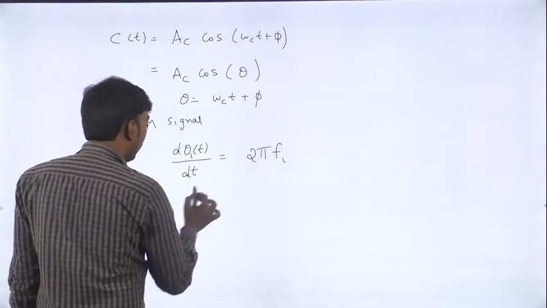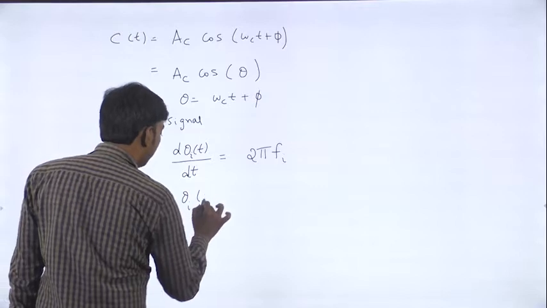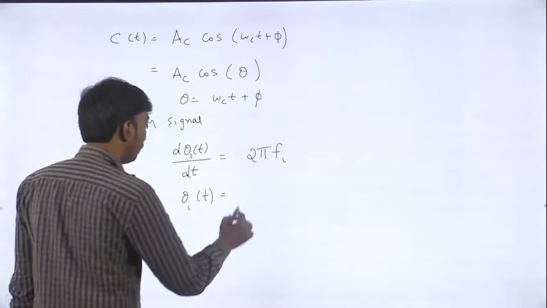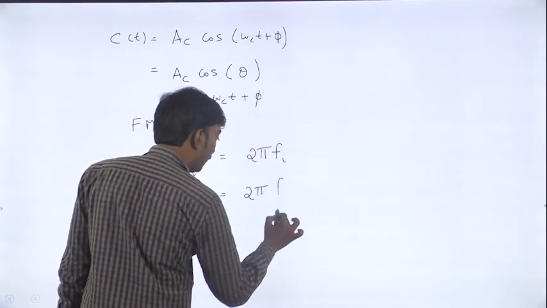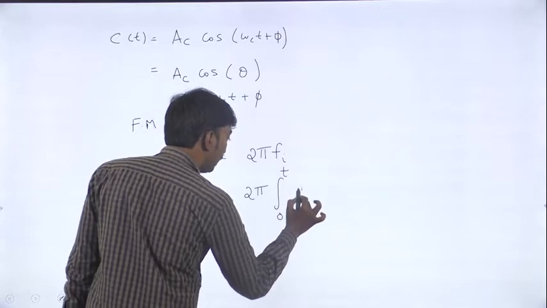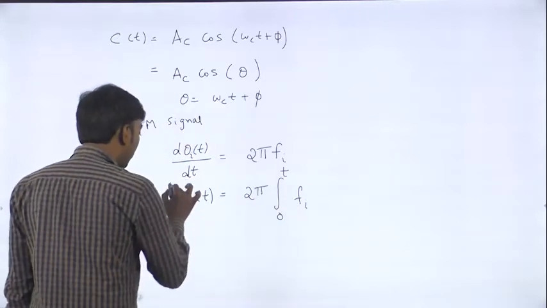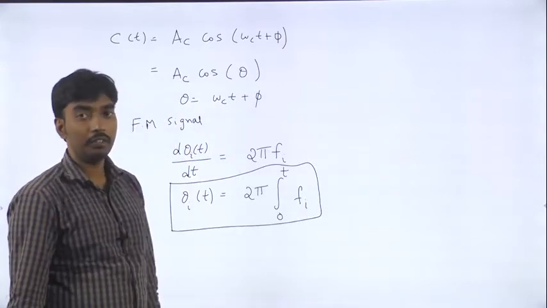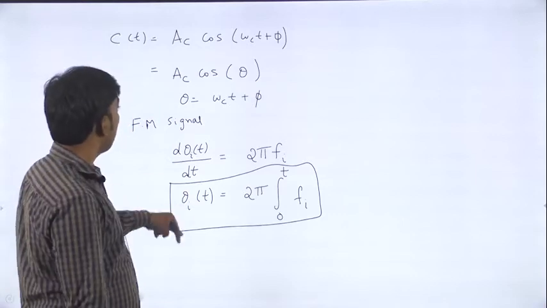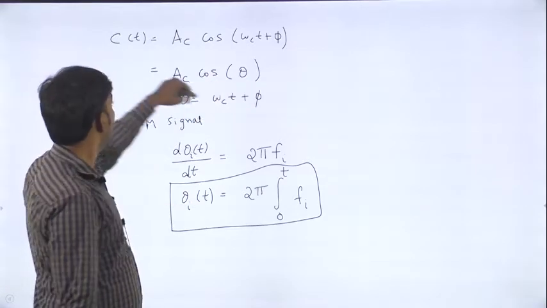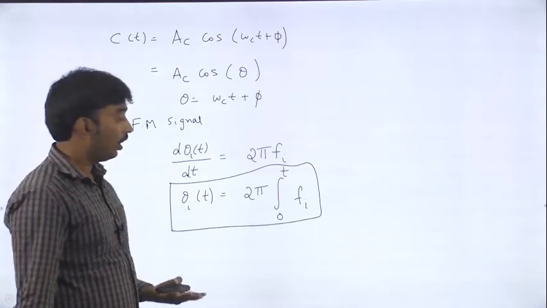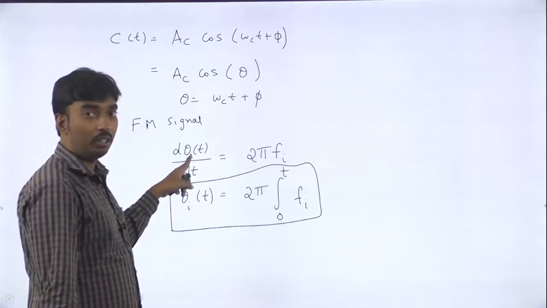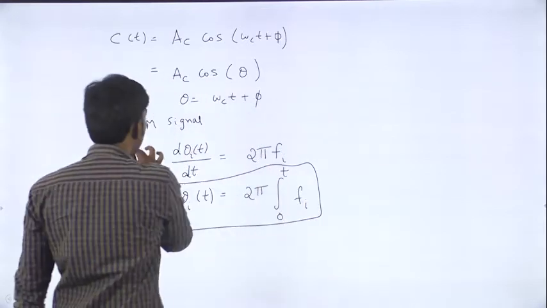And now theta i of t is equal to 2 pi into the integral from 0 to t of Fi. Now this is my expression for theta i of t. If I substitute theta i of t, this becomes the modulated signal, because I have differentiated this to get the frequency modulated signal.